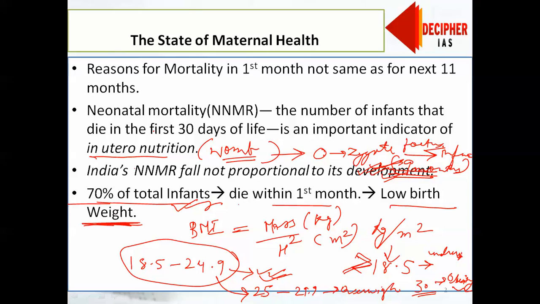Our spinal cord is flexible, it can turn, so we can turn also. But in a neural tube defect, there is a deformity in the spinal cord so that the child is not able to reach appropriate development or appropriate height.